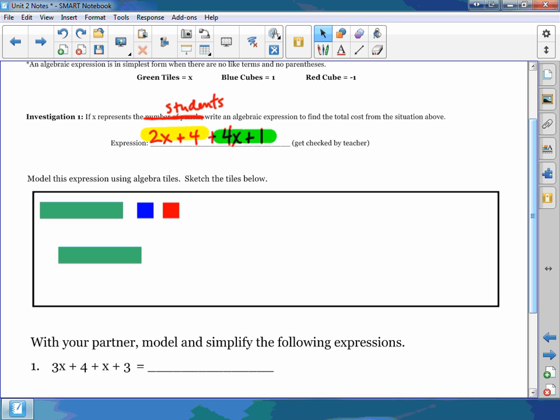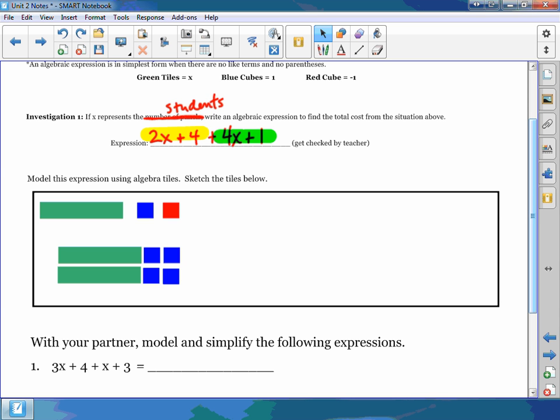So 2x plus 4 could be modeled like this. Now you don't have to put them into the rectangle form like I am here, but that would still work.